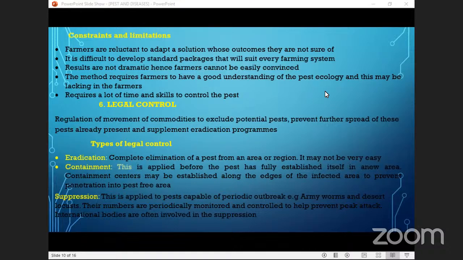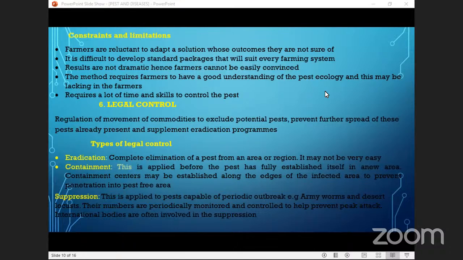And then the other, which still talks about eradication programs. You make programs which have the ability to reduce the total number of the pest population. But there are different types of legal control ways. Number 1 is eradication.